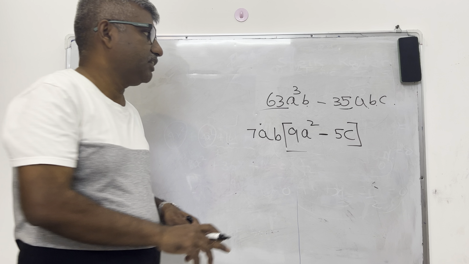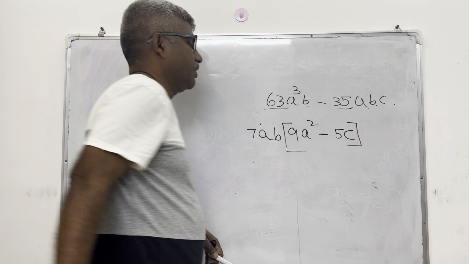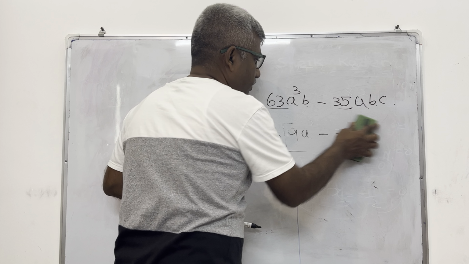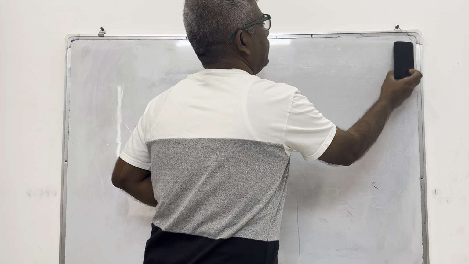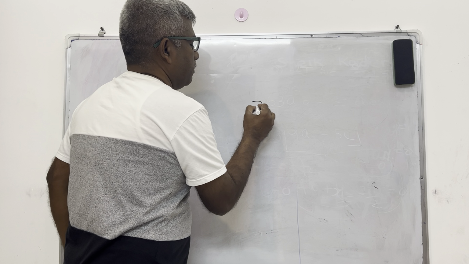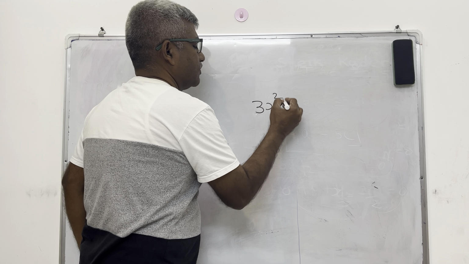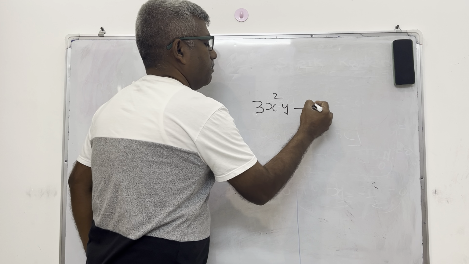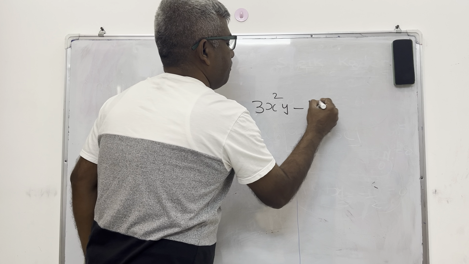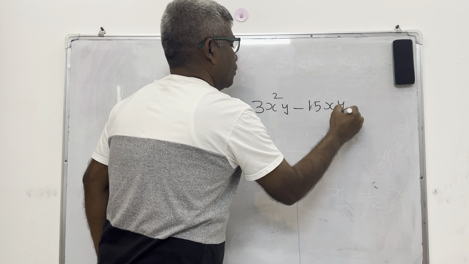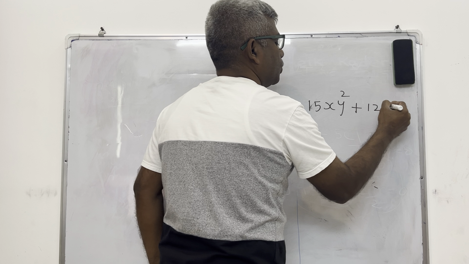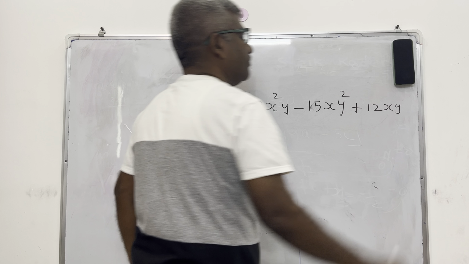I hope you got it. Copy down. Okay. Next, suppose 3x squared y minus 15xy squared plus 12xy.